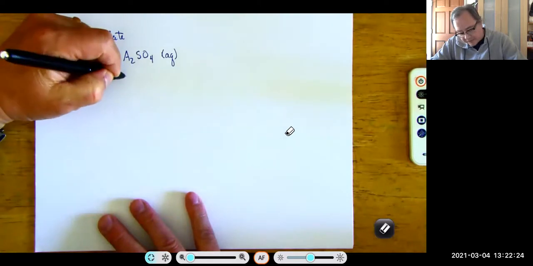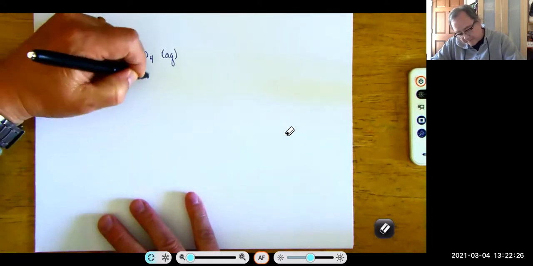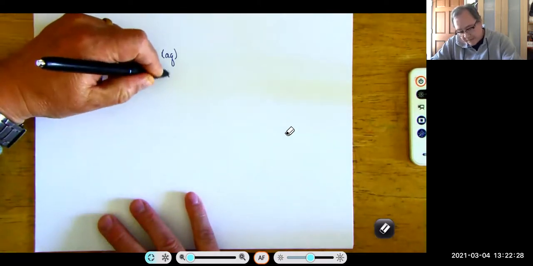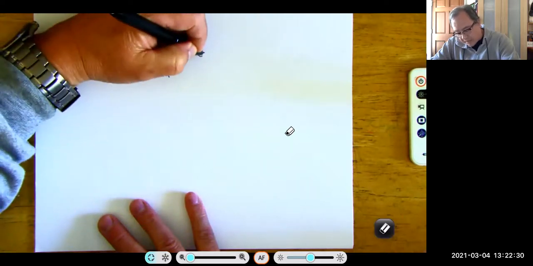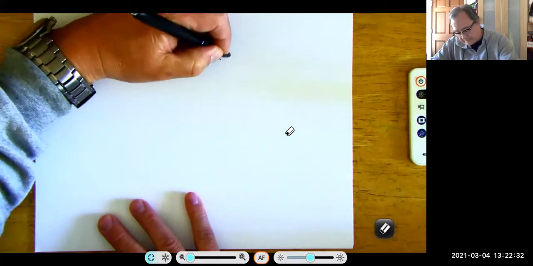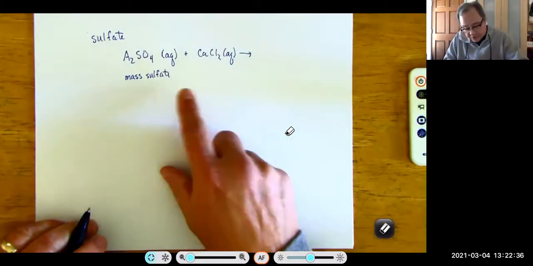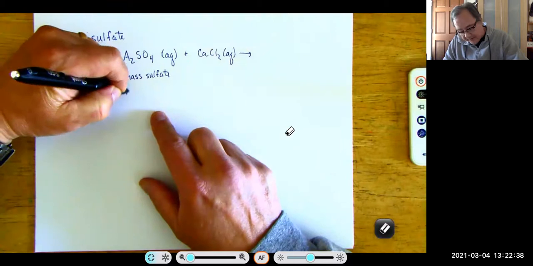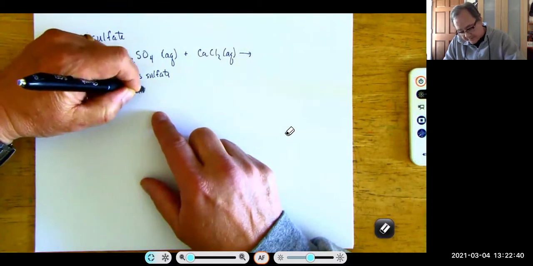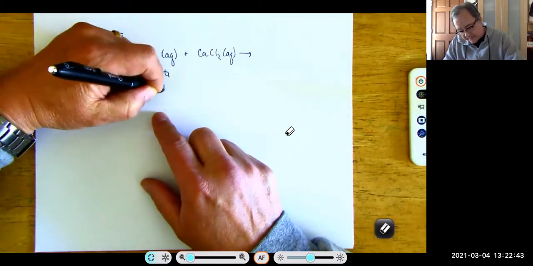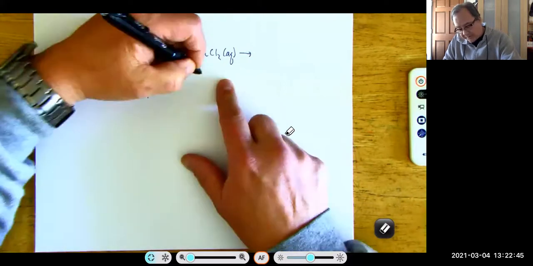So you want to mass your sulfate. And then you're going to react it with calcium chloride. And this will also be dissolved in water. So you want to mass your sulfate, and this is going to be the limiting reactant. And your calcium chloride is going to be the excess reactant.